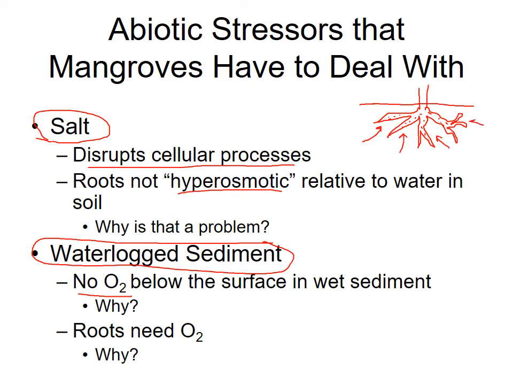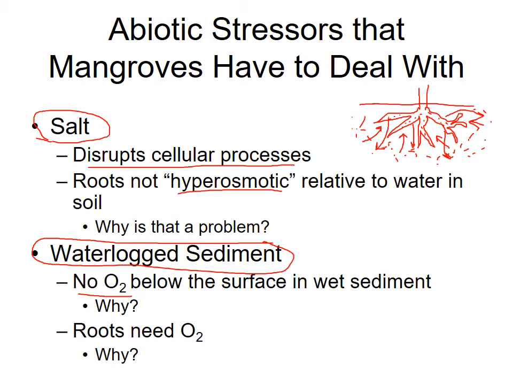But for a plant that's growing in salty soil, there's a really high concentration of salt outside the roots because the soil is full of salt. And so the osmotic pressure would tend to have water flow from the roots into the soil, and that's the opposite of what you want to happen. It's basically like the water is getting sucked out of your roots instead of into the roots.